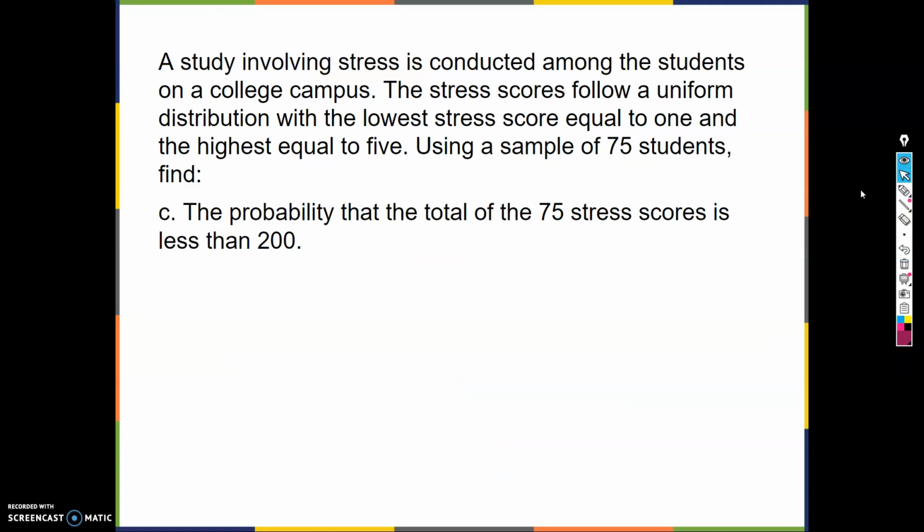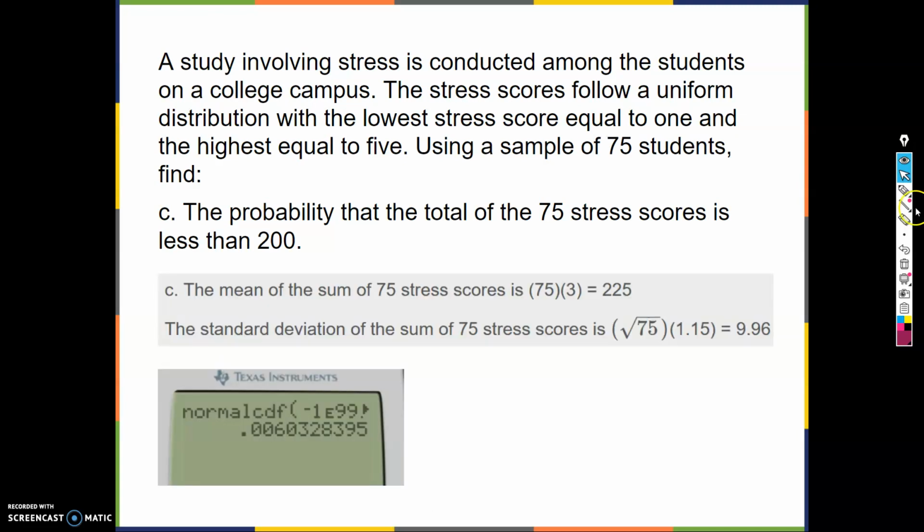Find the probability that the total of the 75 stress scores is less than 200. So again, this is a total problem. Total is another word for sums. So we're no longer using the mean, we're using the sums. This is n, this is our mean.